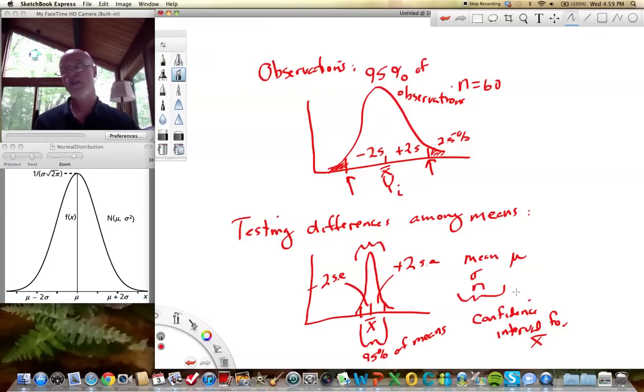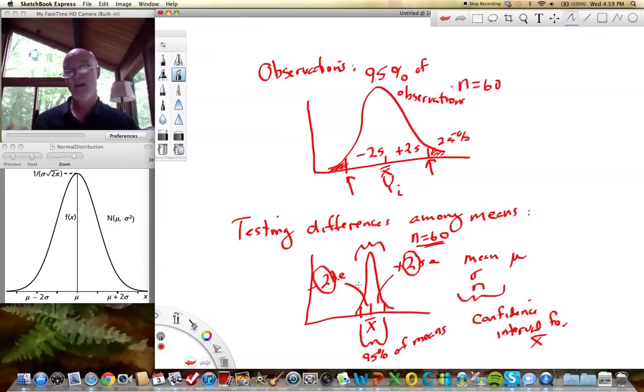In other words, 95% of the time our true parametric mean would fall in this range given that sample size. And here we're talking about an n of 60. And as I mentioned before, obviously this value would be different depending upon different n's, right?